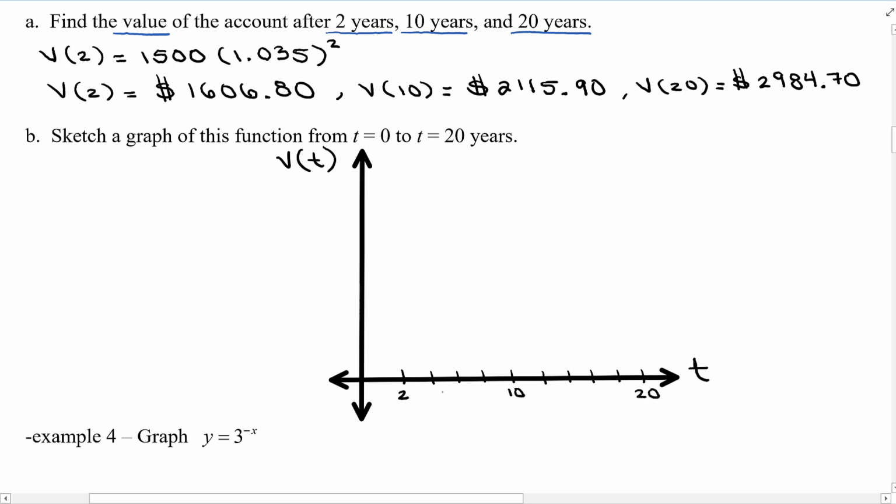I've gone ahead and drawn little tick marks here on the t-axis from 0 to 20, and they're drawn by a scale of 2. I've labeled them all in. And for the v of t axis, I'm going to draw some tick marks as well, scaled by 500, going from 0 up to 3,000.